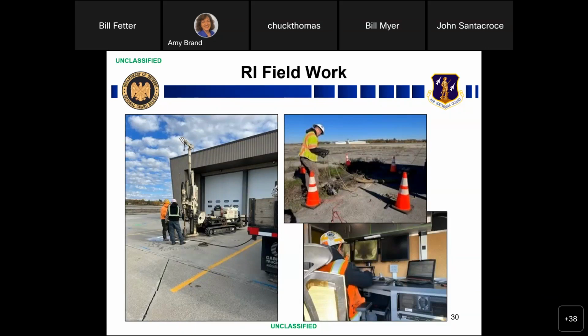Up there on the left side, you can see our crew that's out there working on the storm sewer work. That's the camera operator up on the upper right side, and then inside the trailer is where we can view the footage in real time as we're out in the field. Next slide.